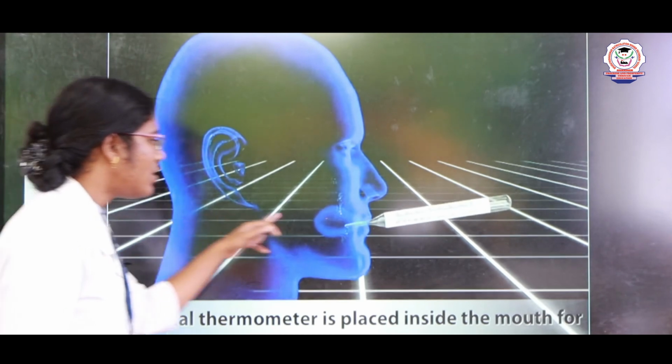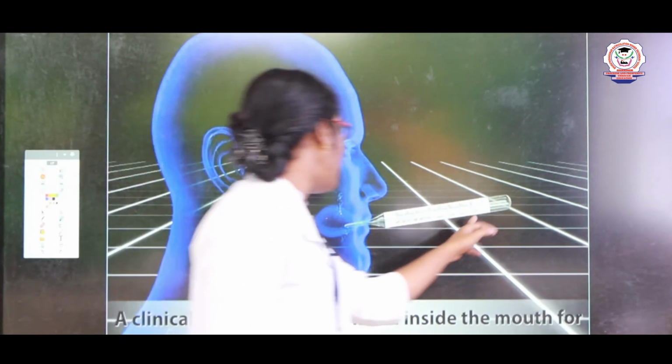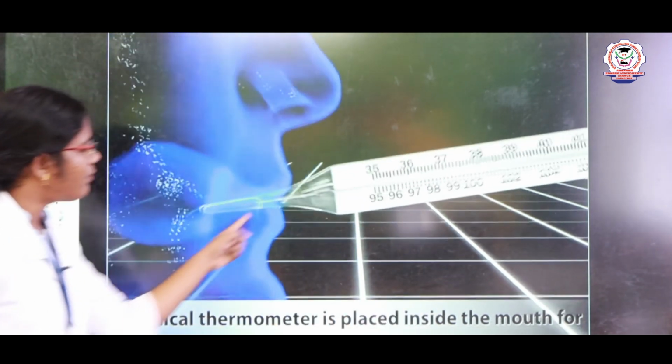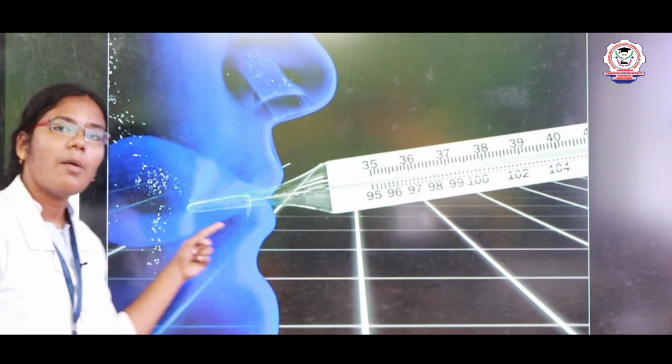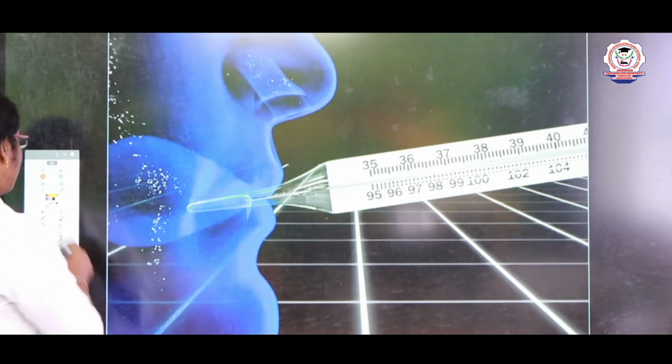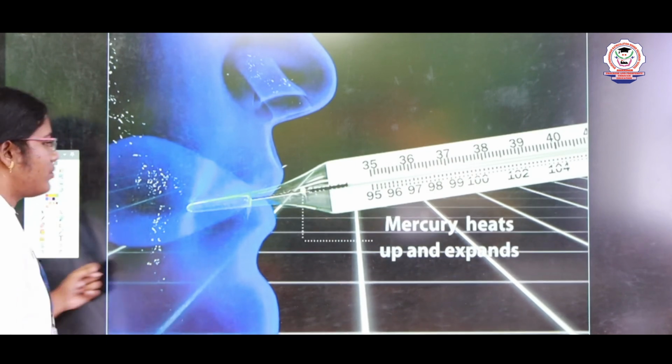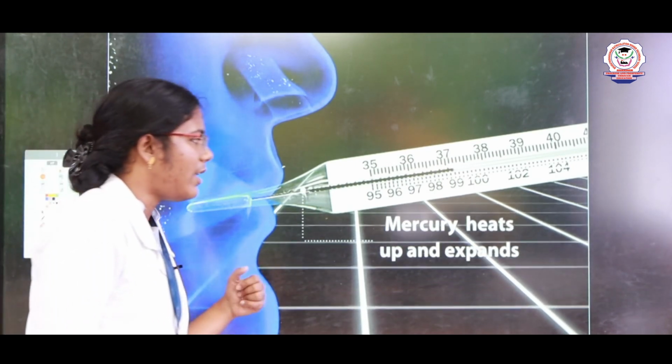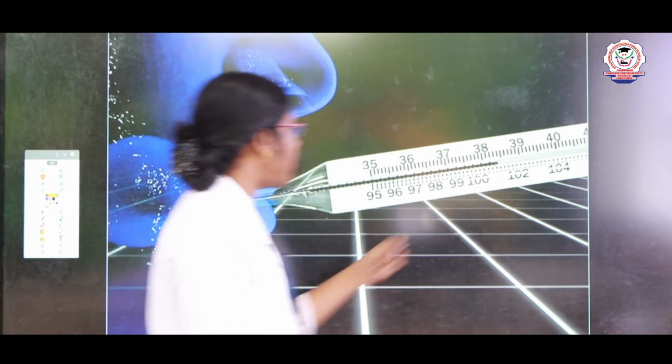The thermometer is usually placed inside the mouth for measuring body temperature. If the body temperature is very high, the mercury heats up and expands. Can you see this?